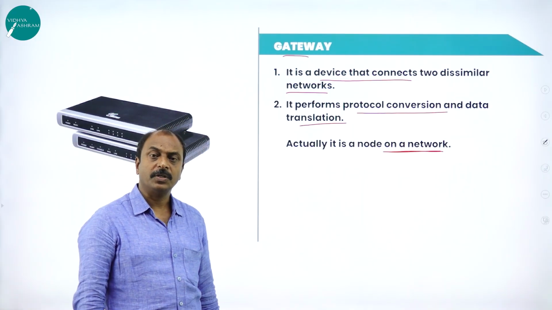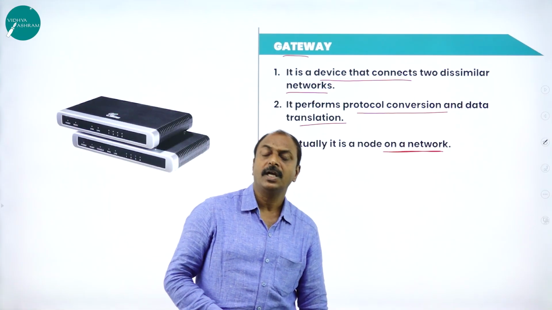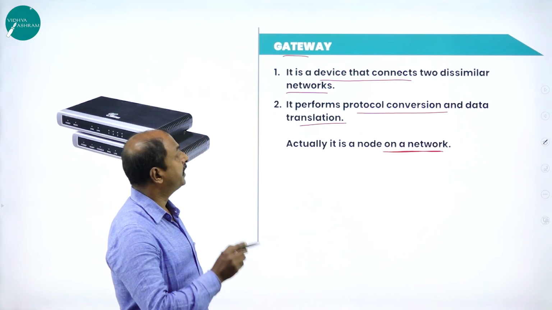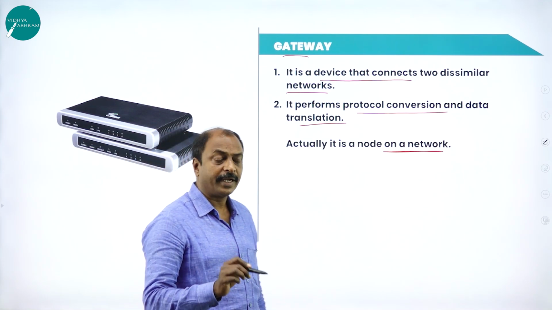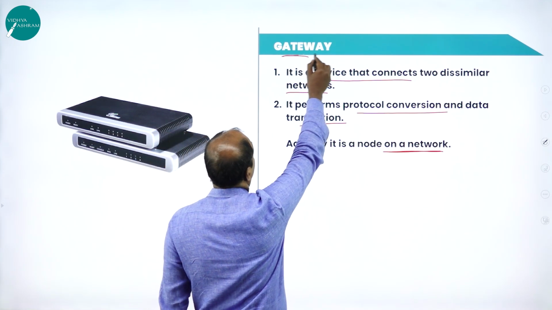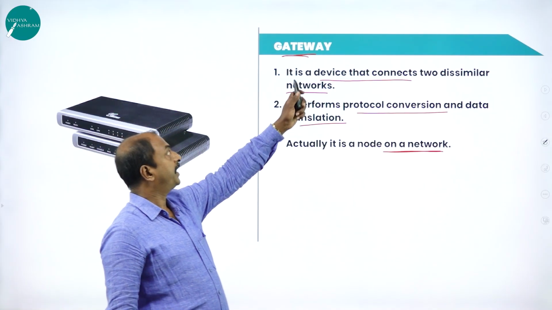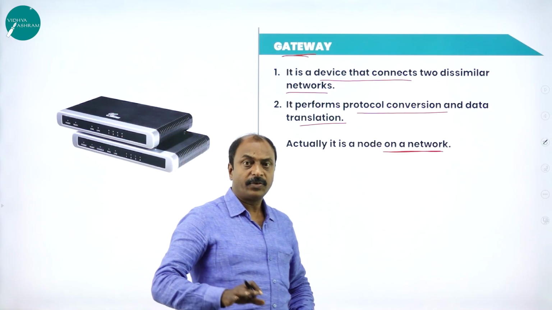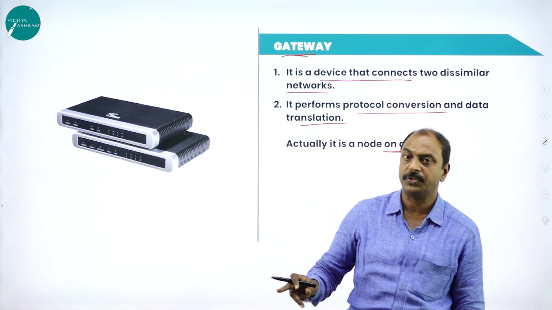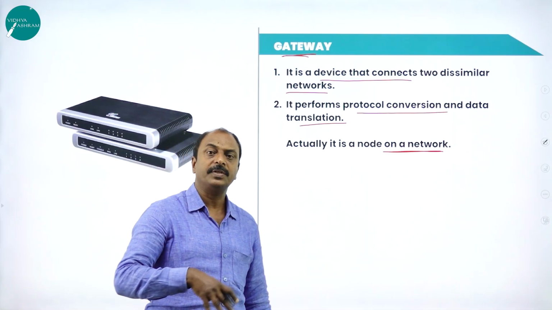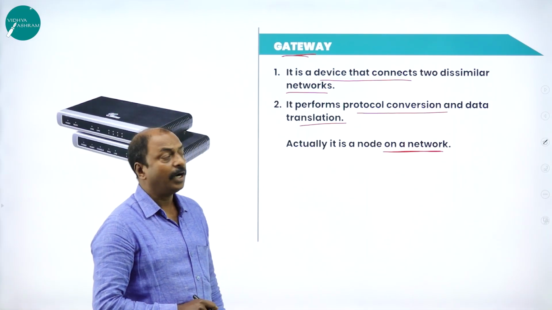But if there is communication outside the company or organization, then that particular data or packet has to cross this gateway. The gateway is going to check whether the destination computer is within the same network or the same organization or not.